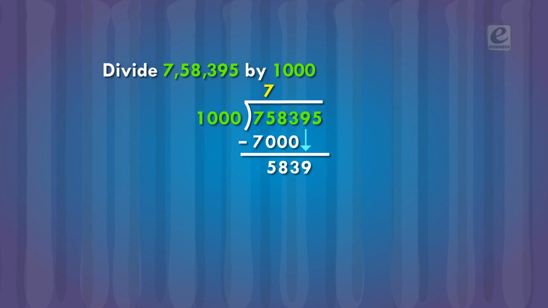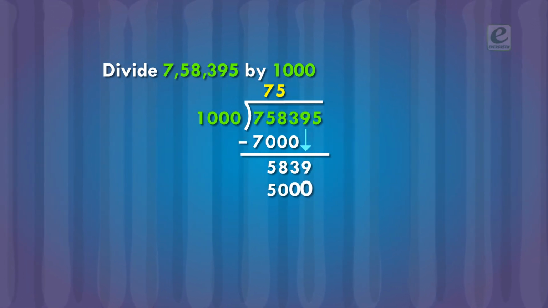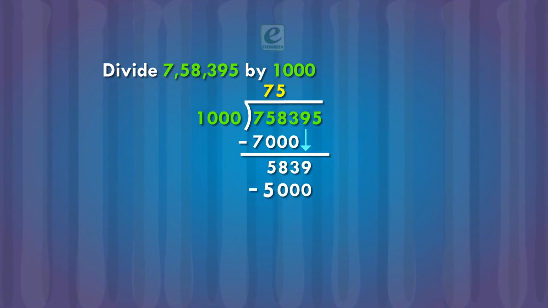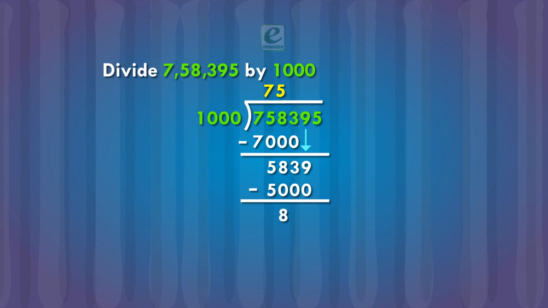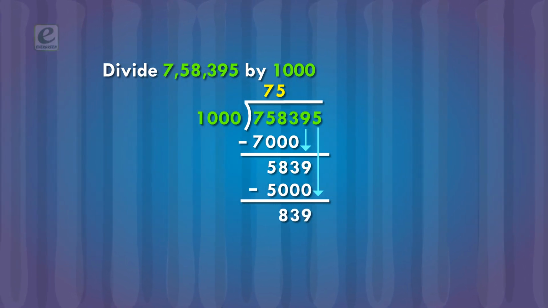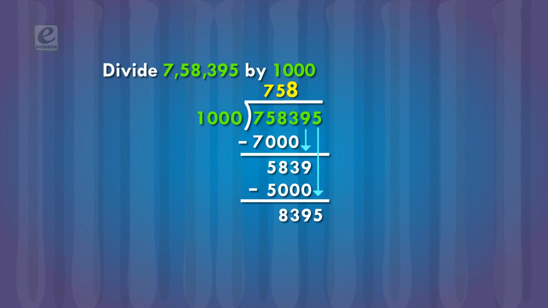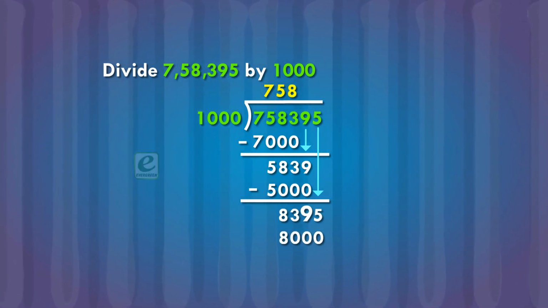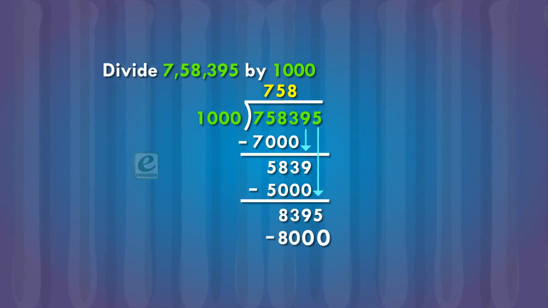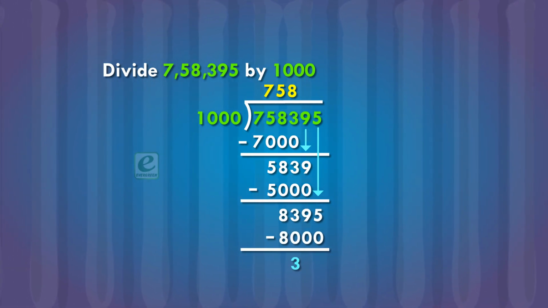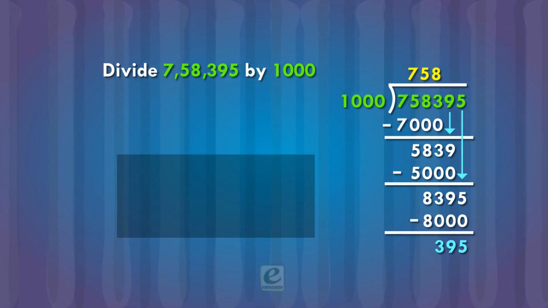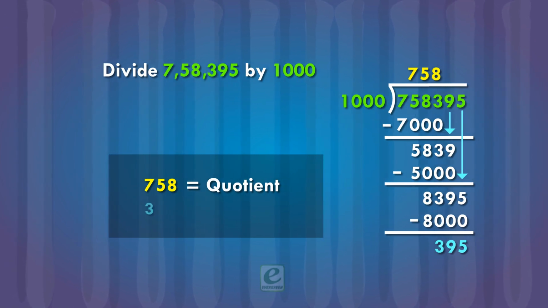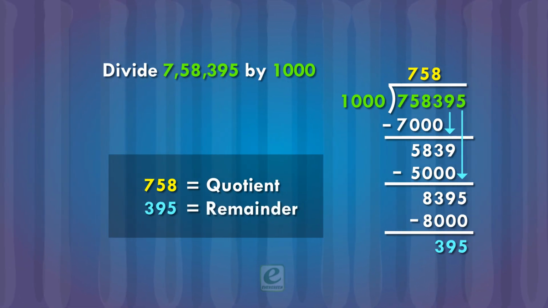Bring down 9. 1,000 fives are 5,000. 5,839 minus 5,000 equals 839. Bring down 5. 1,000 eighths are 8,000. 8,395 minus 8,000 equals 395. Here 758 is quotient and 395 is remainder.